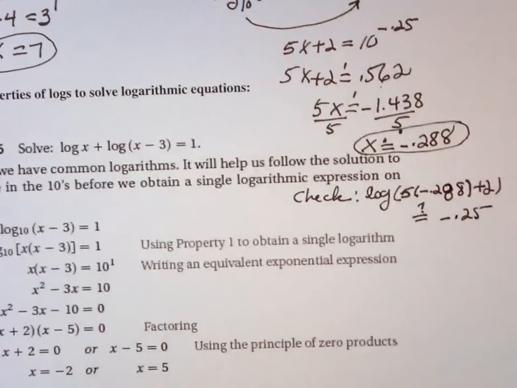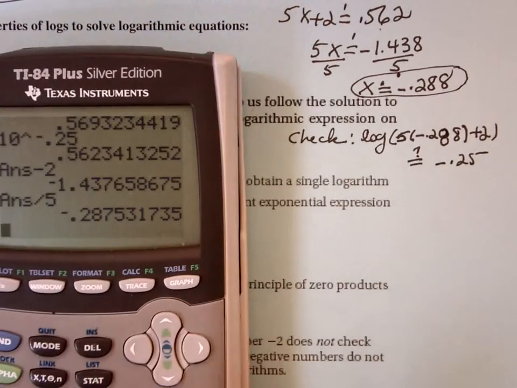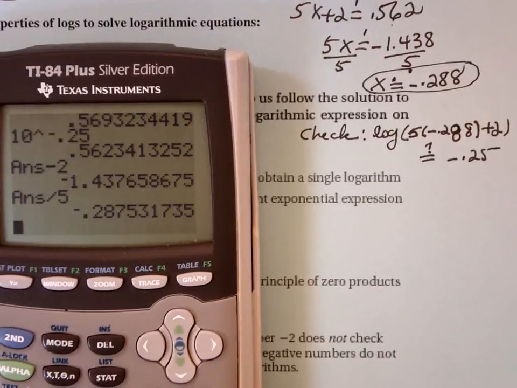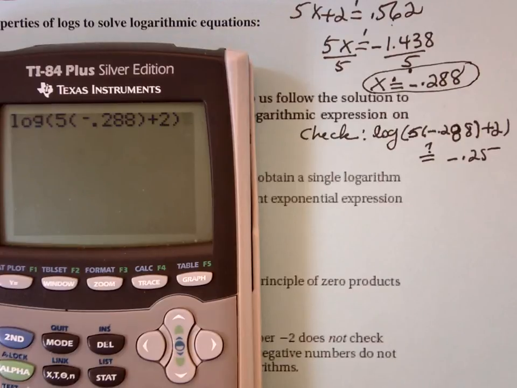Let's see how close we get. Because that's base 10, that's on my calculator. So I can take the log of 5 times negative 0.288 plus 2. And it says, is it negative 0.25?